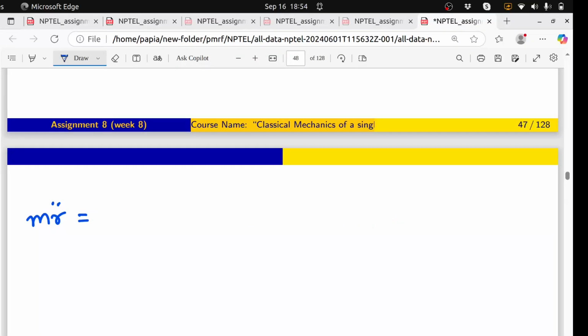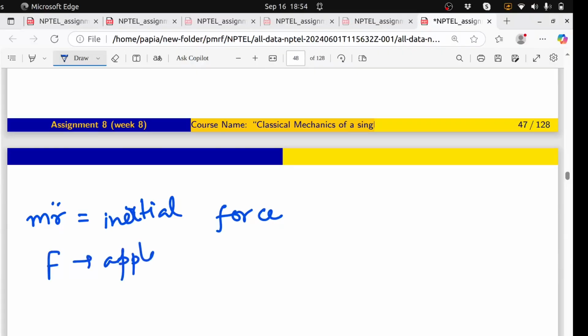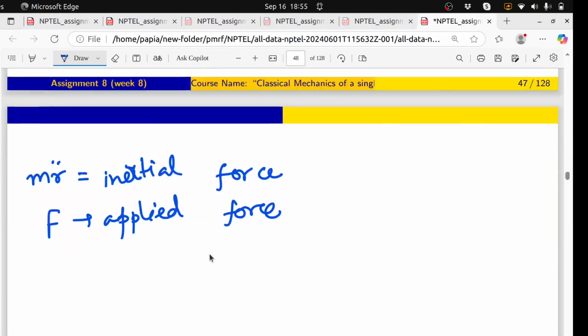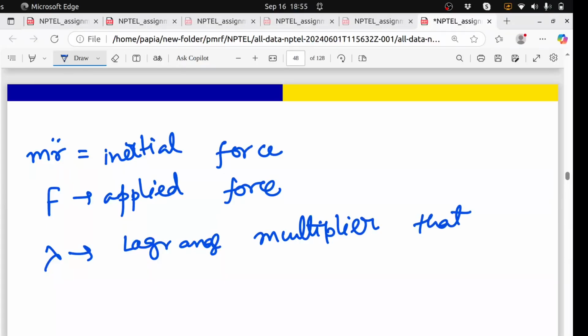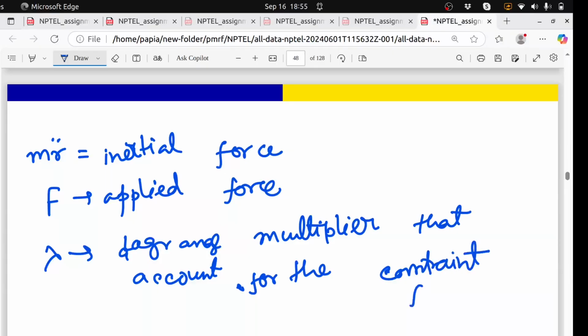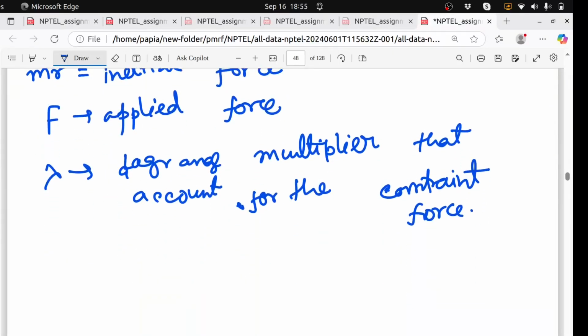M r double dot is inertial force, F is applied force, and lambda is the Lagrange multiplier that basically accounts for the constraint force.